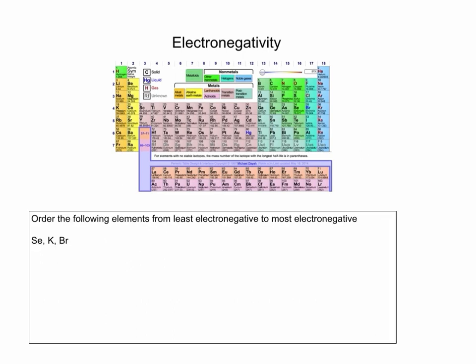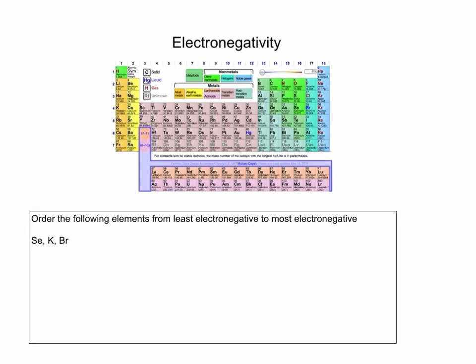So now let's look at a sample problem, something that I could give you as an assessment on this material. We have three elements here: selenium, potassium, and bromine. And I want you to order them from least electronegative to most electronegative. If we notice, potassium, selenium, and bromine are all in the same row. So what do we know about electronegativity?